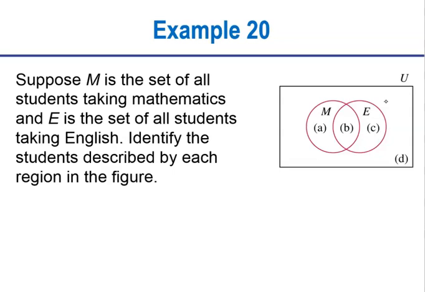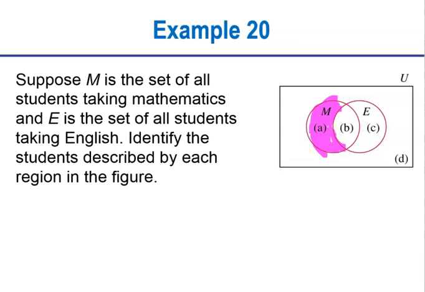So we want to look at this just one at a time. So let's take a look at region A. I'm going to highlight it for you. Region A is considered this moon-shaped piece, crescent, that we have right over here. Okay. Notice those are values in M, but not in E. What does that really mean?